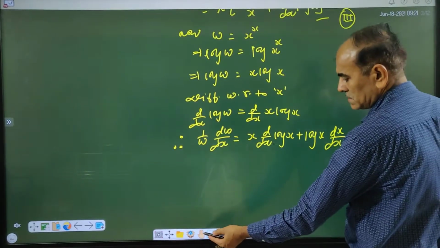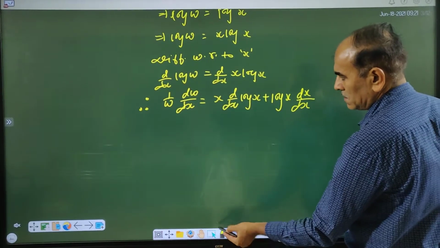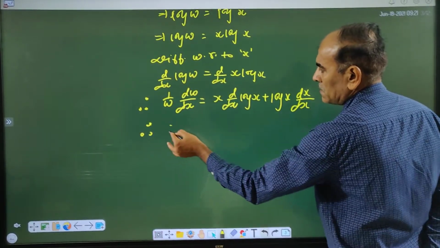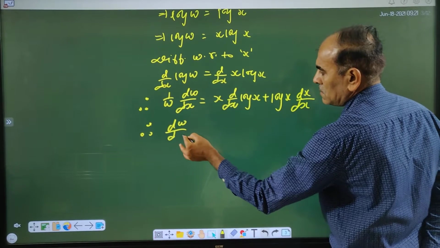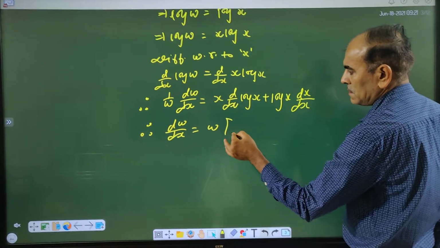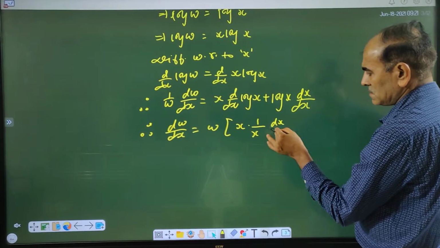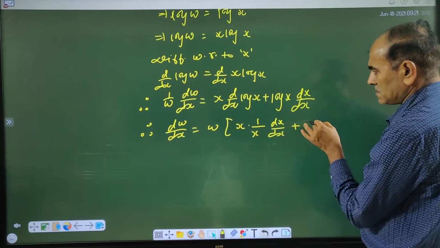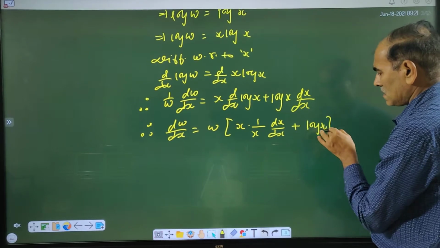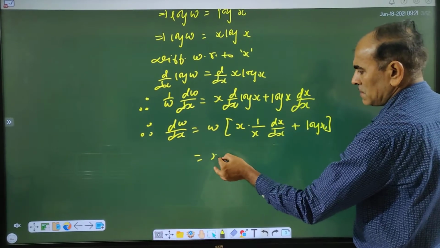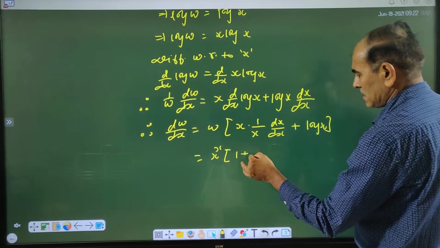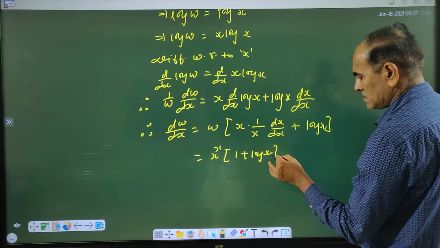Yes or no? Yes. And therefore dw by dx is equal to w into (1 plus log x). Replace the value of w: x raised to x, 1 plus log x.